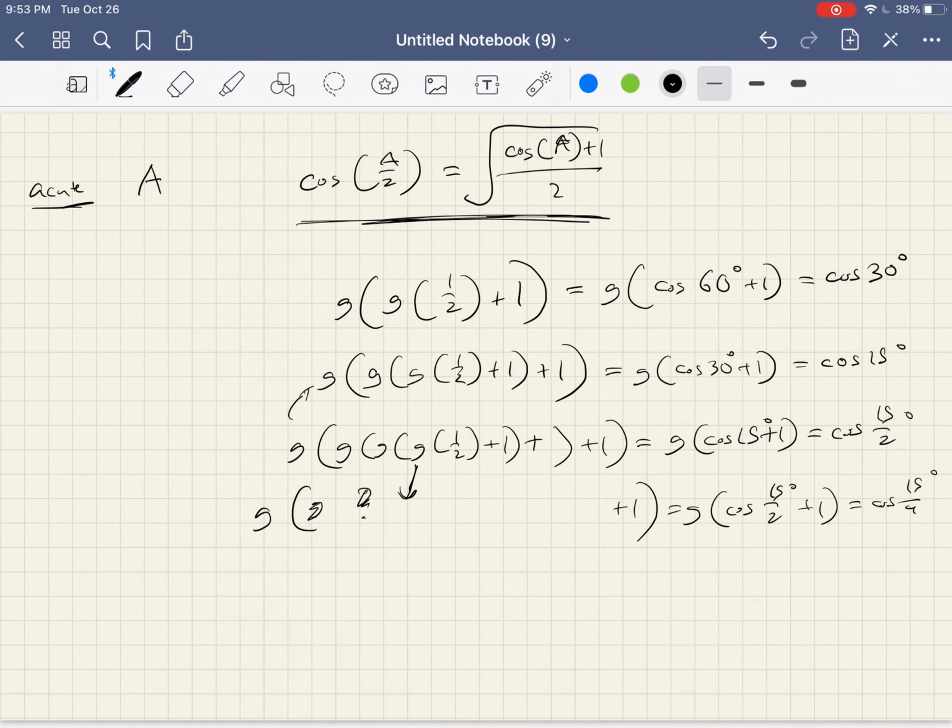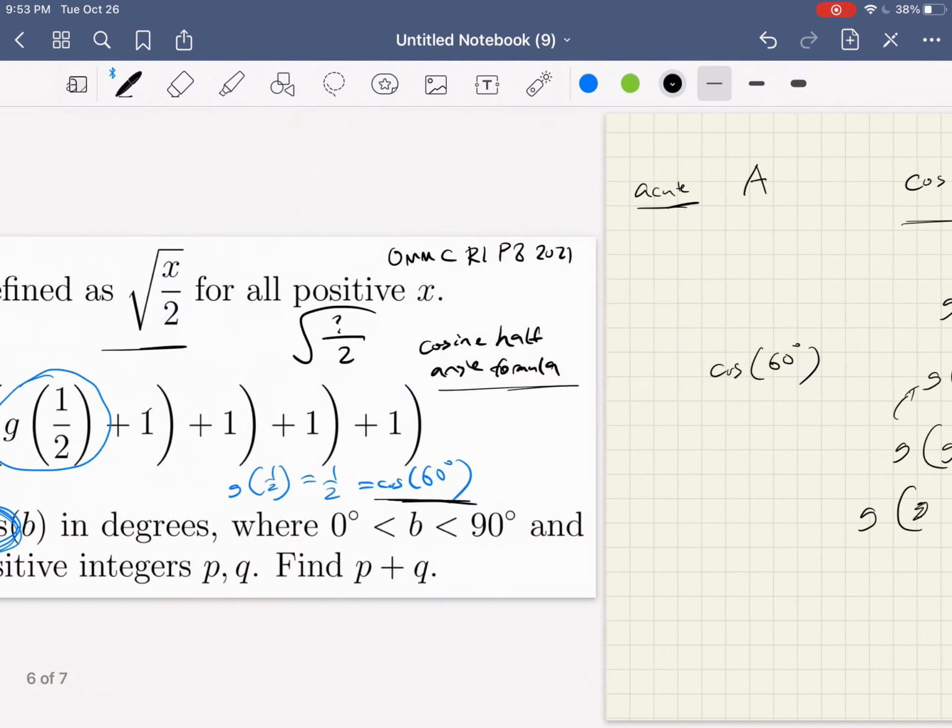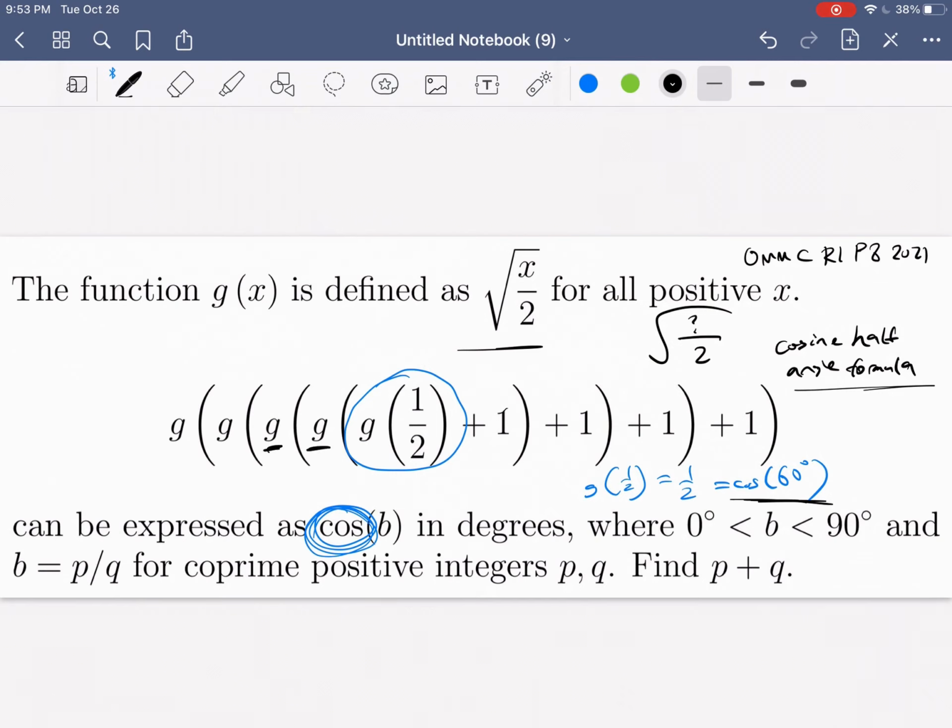So what we've done here is that we've applied the half angle identity to cosine of 60 a total of 4 times, right? So that's 1 for each of these g's out here. We don't count this g because this just becomes cosine of 60. So each of these g's counts as a division by 2, and it counts as an application of the half angle formula.